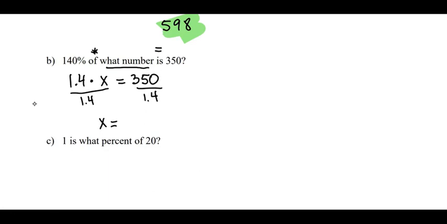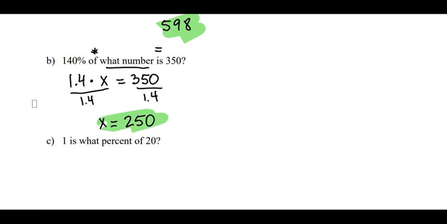That should give us 250. 350 divided by 1.4. 140% of what number is 350? Yes, correct. That is 250. So 140% of 250 is 350, because 140% has to be bigger than the initial number. All right, but I was getting it wrong.